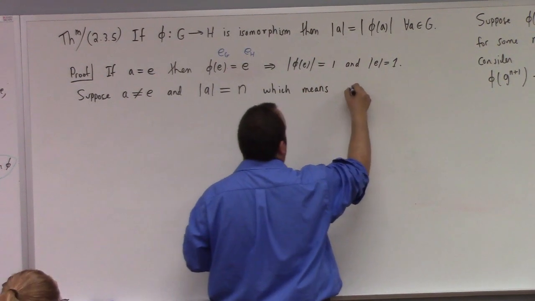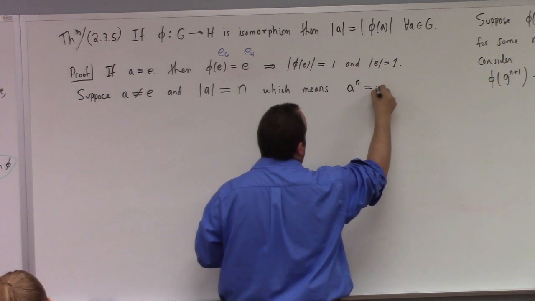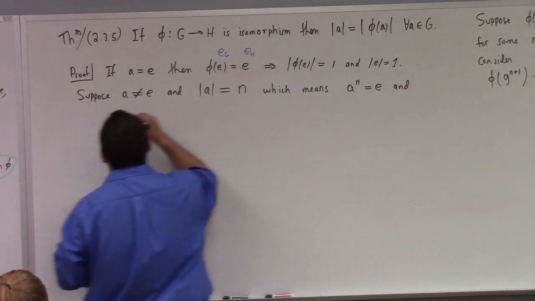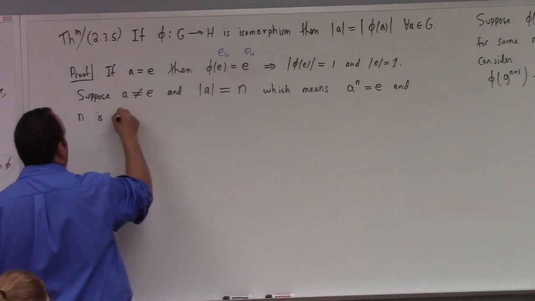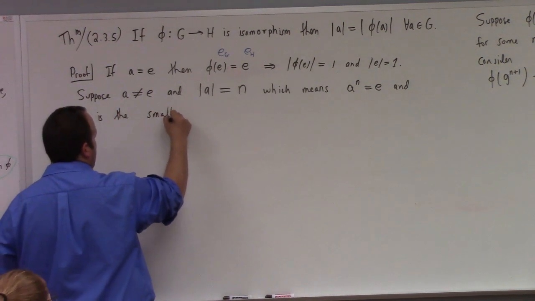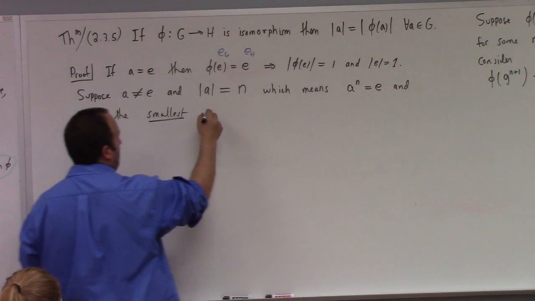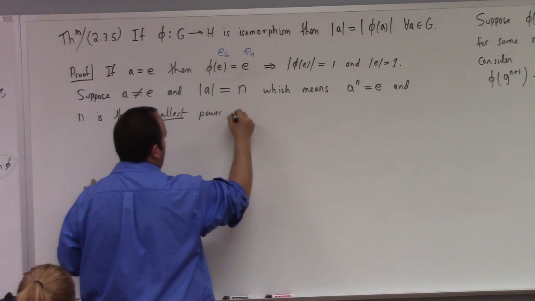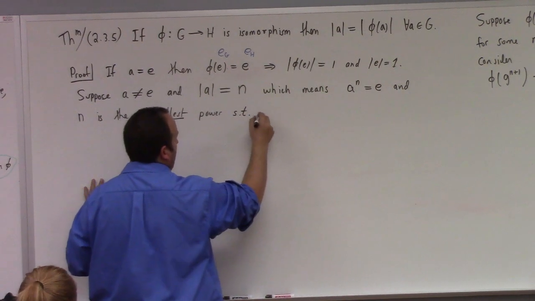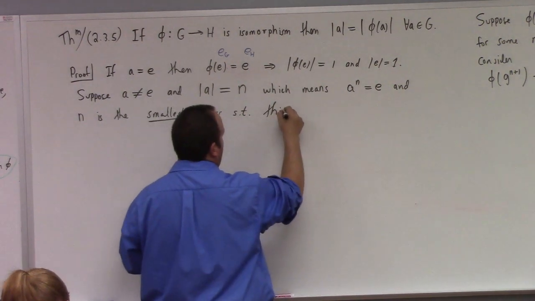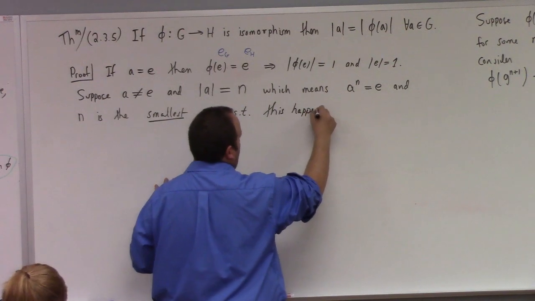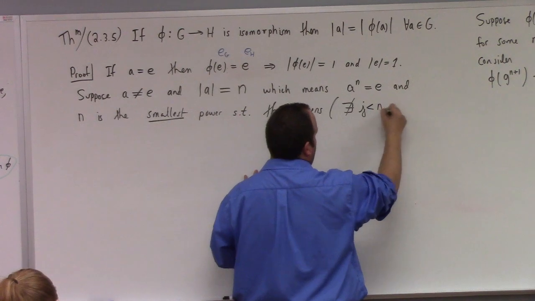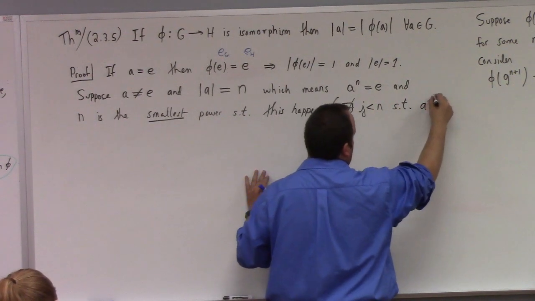That means that A to the n is equal to E, and n is the smallest power such that this happens. Now, I can be more precise than that, right? In other words, there does not exist a j less than n such that A to the j is equal to E.